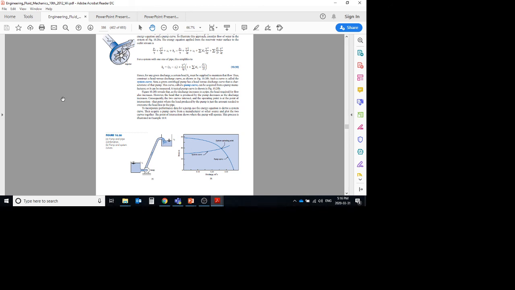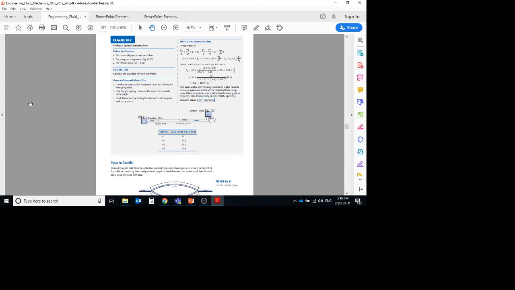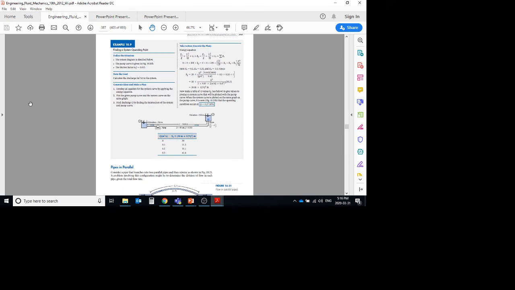You just need to remember the pump equations here. This H_P is the pump head, from which we can develop the curve, and this is the problem based on that. Please go through the problem, and again, if you have any questions, just let me know.